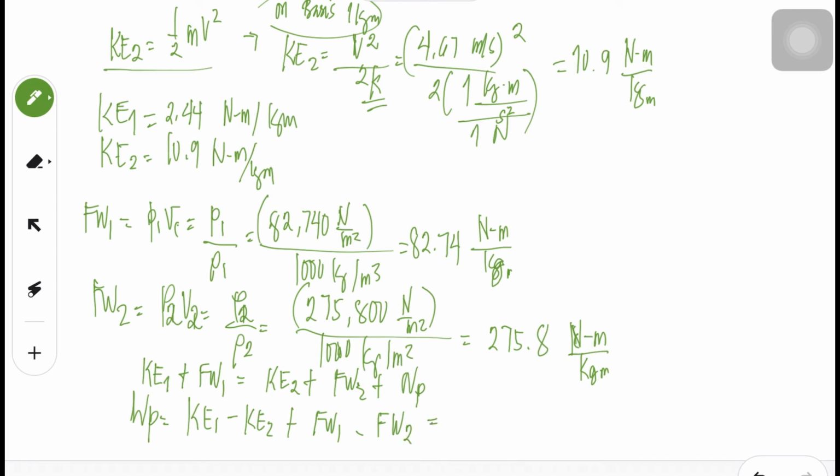We have here now, on the basis of 1 kilogram pa rin tayo, 1 kilogram mass.